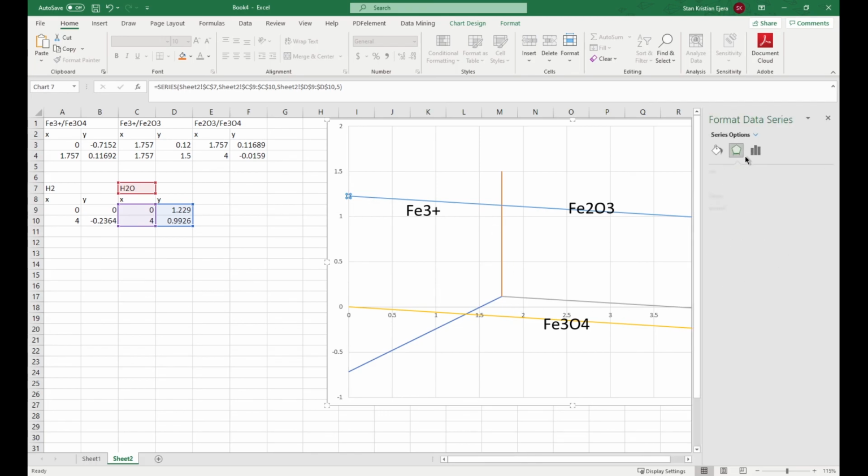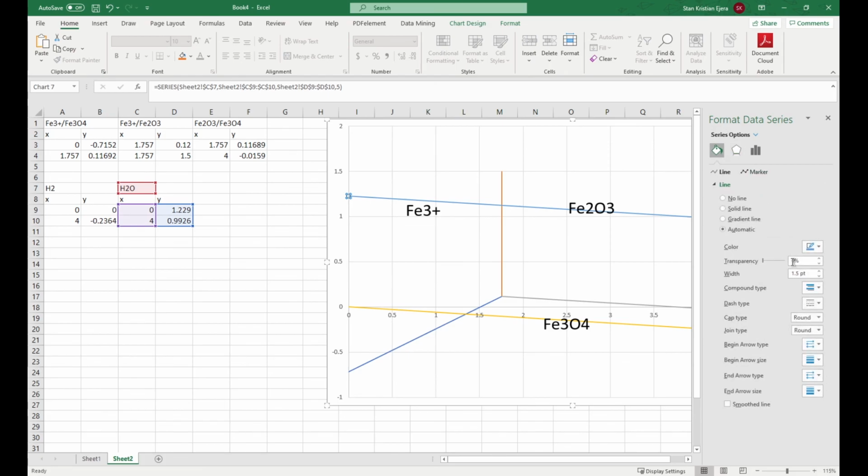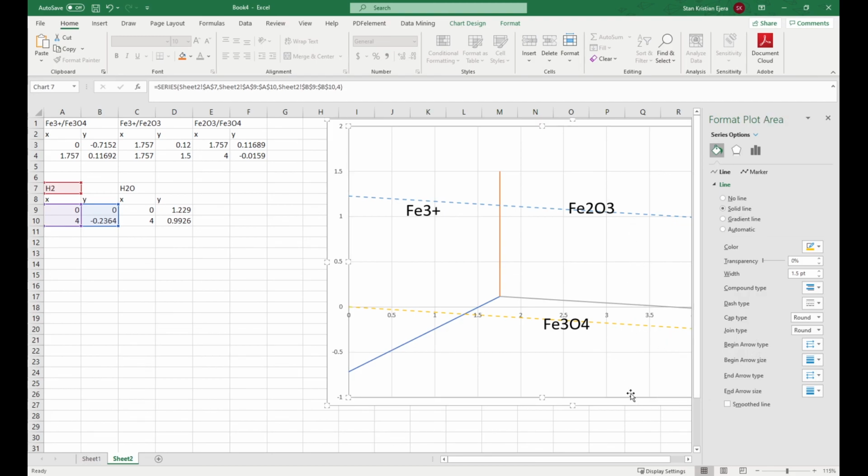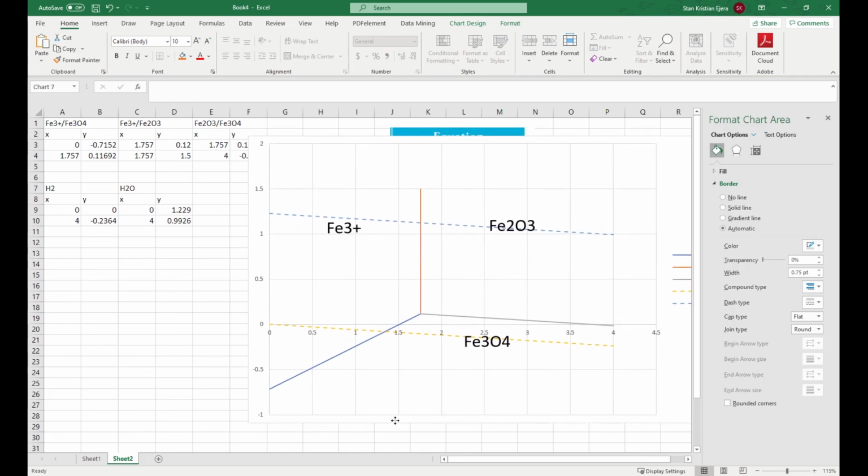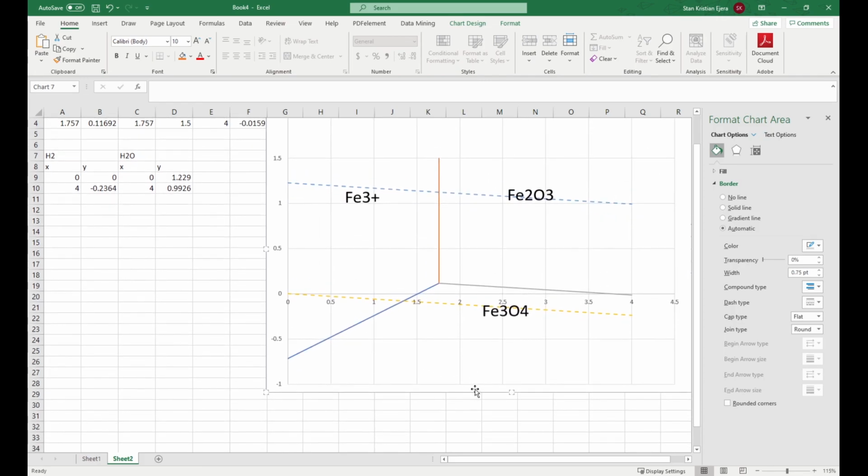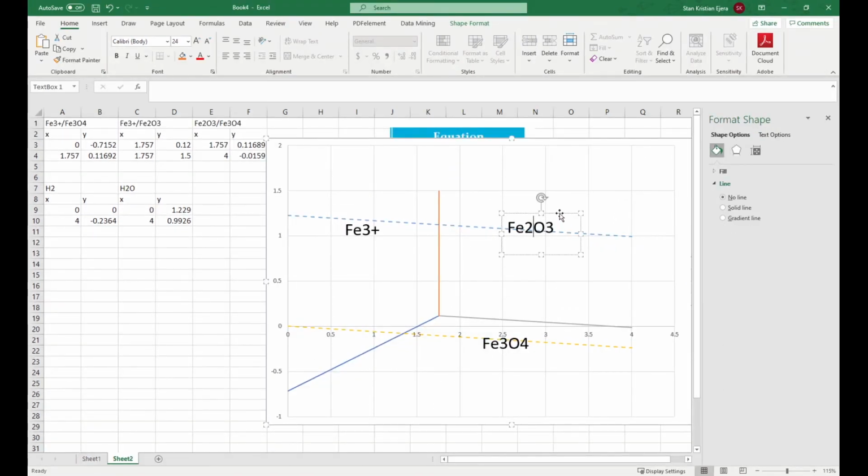Tapos gawin natin na yung effect nito is naka-dash line para consistent tayo dun sa mga common na representation of your water stability lines, which is dashed. Okay, so pwedeng ganyan siya, no? Okay, so we have completed our Pourbaix diagram. So this is the Pourbaix diagram.